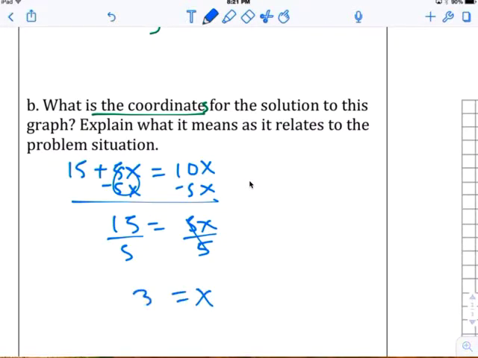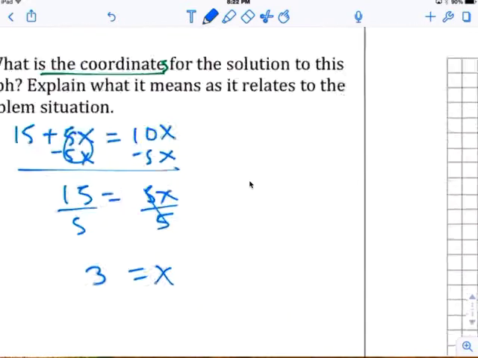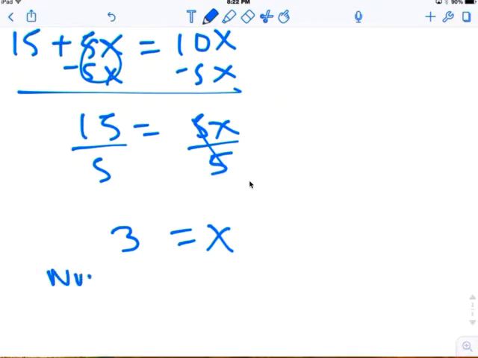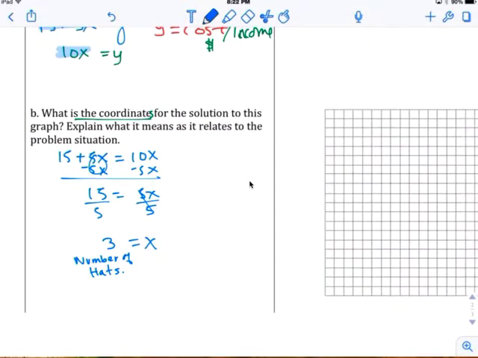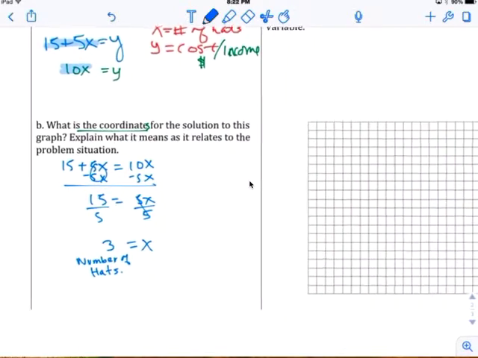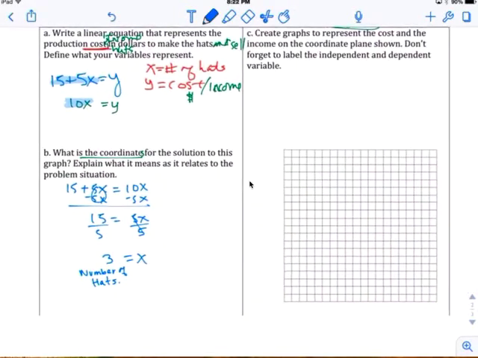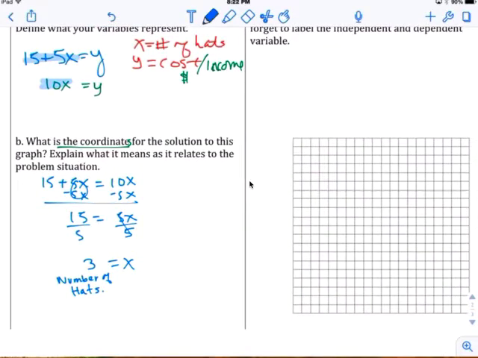X equals 3. 3 is the number of hats, and what's the cost for 3 hats? Y equals 10x, or income in this case. Y equals 10 times 3, $30 in both cost and income.